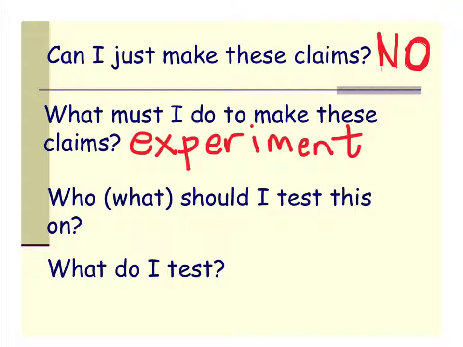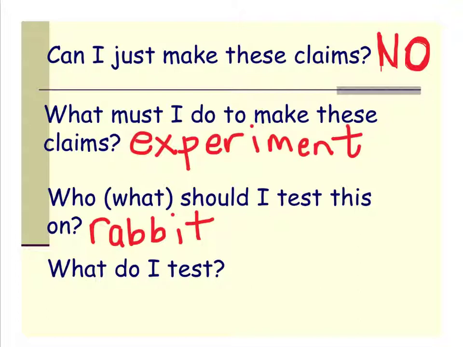So what should they test, or who should they test? Well, if they're testing rabbit food, they would have to test it on rabbits. You wouldn't want to test the effects of rabbit food on a horse or something like that. It's got to be done on the subject that it matters for. And what do you test?